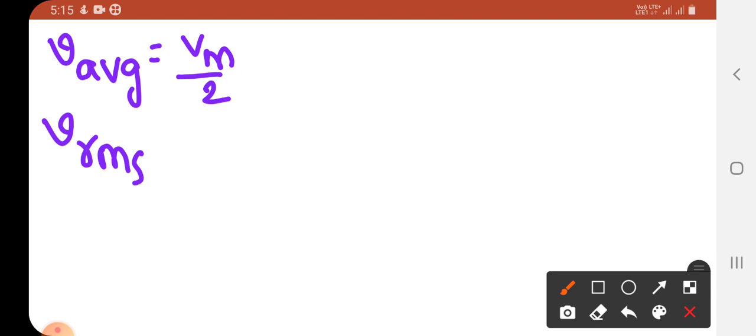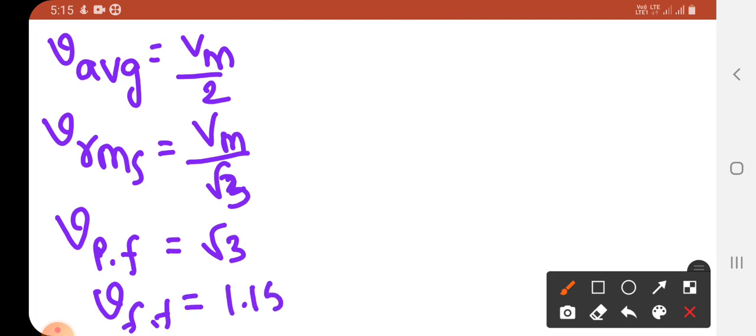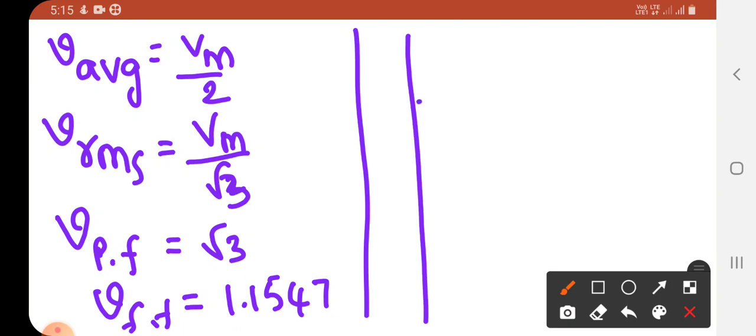That is, the average value is Vm by 2, RMS is Vm by root 3, the peak factor is root 3, and the form factor is 1.1547.